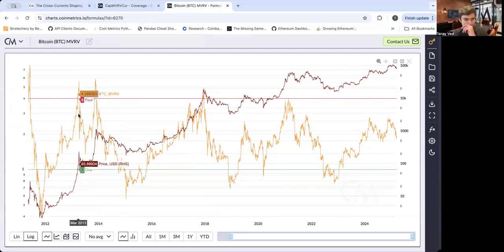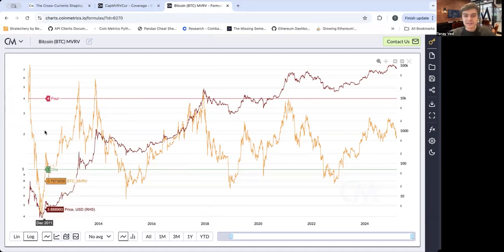To explain what this metric is showing: as we see Bitcoin's price move higher over time, we see this MVRV metric go through cycles.